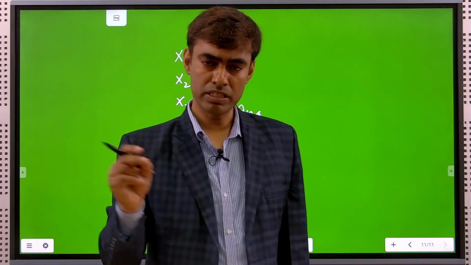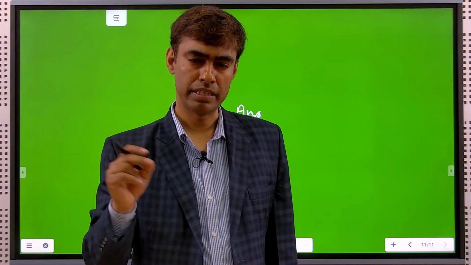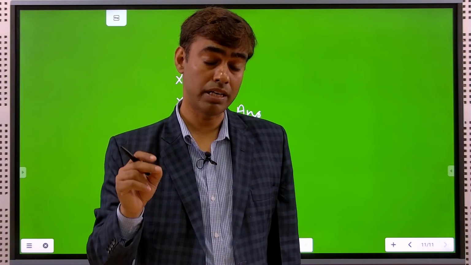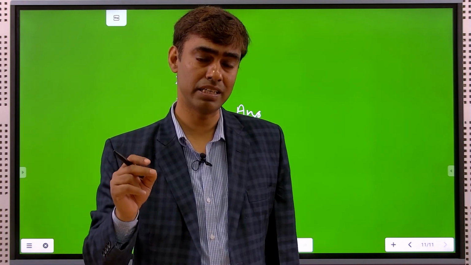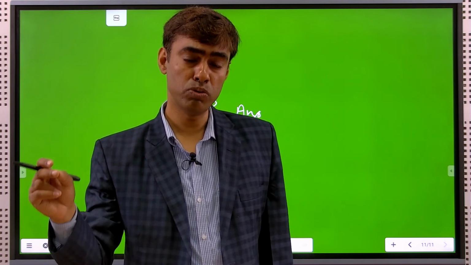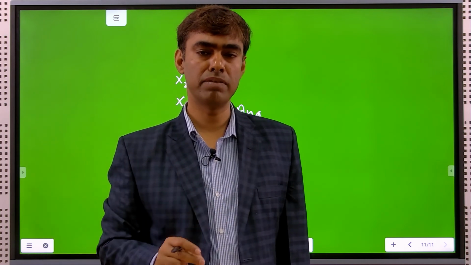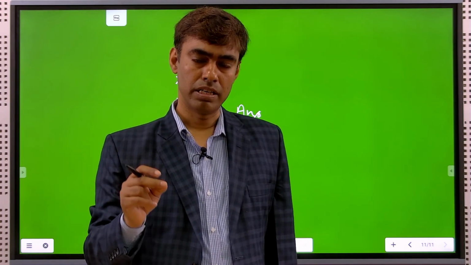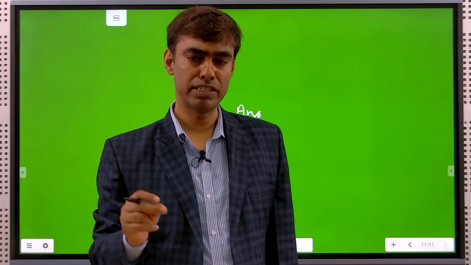Once we set the diagonal elements of the lower triangular matrix equal to 1, we find the values of the other elements of the lower and upper triangular matrices by multiplying the matrices L and U and comparing with the matrix A. Once we find them, we use the fact that Ax equals B is the system of linear equations in matrix form.